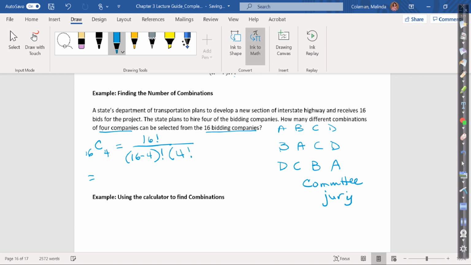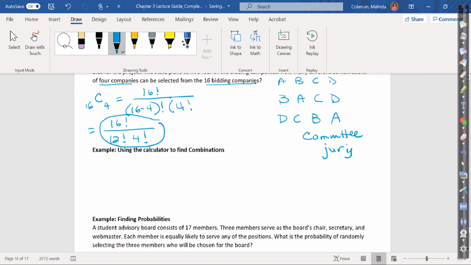So that would be 16 factorial over 12 factorial times 4 factorial. And again, if you did it this long way, you could put this on your calculator. You could do it out the long way, 16 times 15 times 14 all the way down. Or you could also use your calculator.